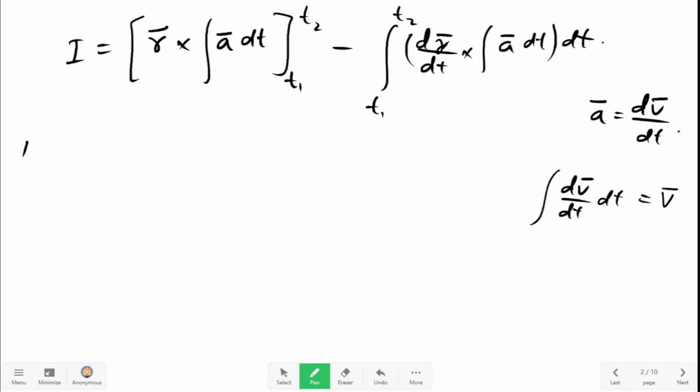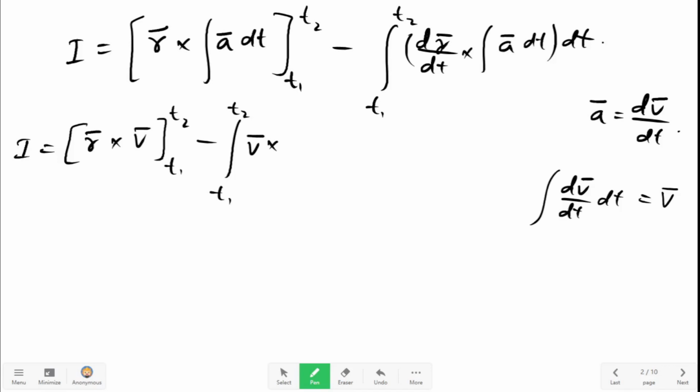Therefore we have I is equal to r cross v within the limits t1 to t2, minus integral t1 to t2 of dr by dt, which is v, cross integral a dt, which is integral dv by dt times dt, which is v, dt. Now v cross v is equal to 0.